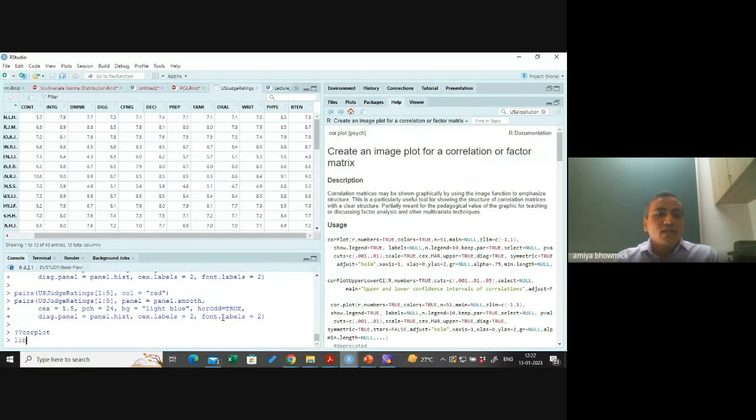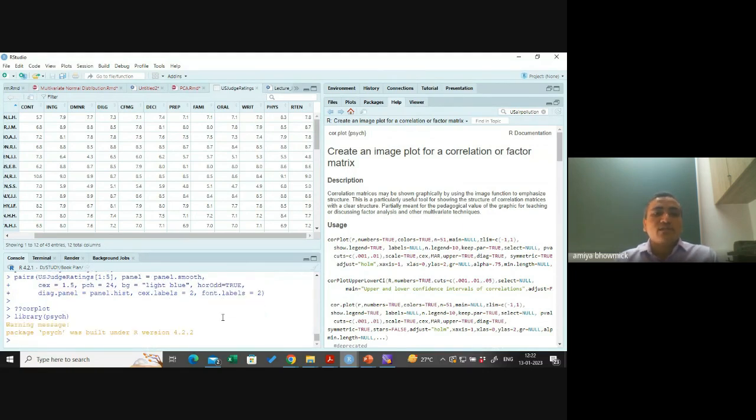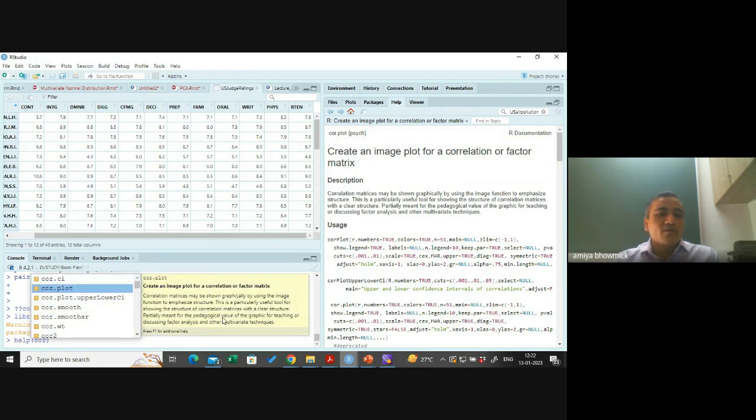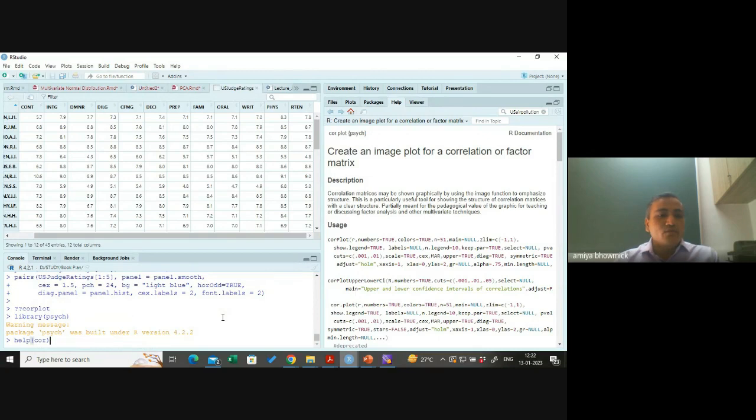If you write down library PSYCH, it does provide a lot of wonderful multivariate analysis options. Now if you write help for corPlot, you have got it over here. Earlier it was not available. When you load the library, automatically the functions within that library will be available to you.